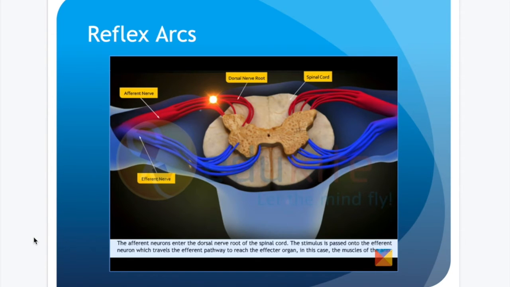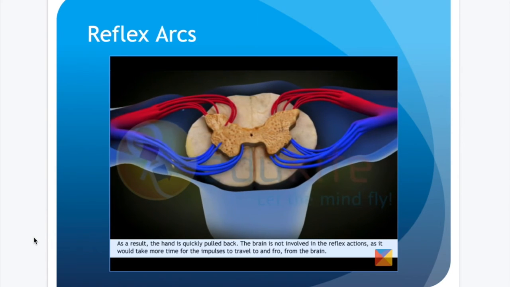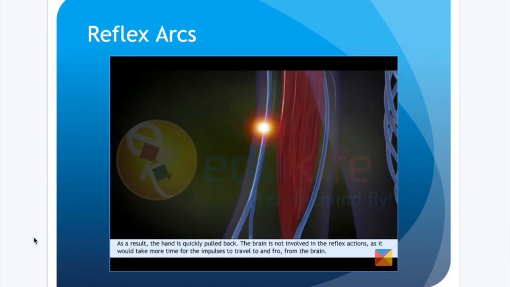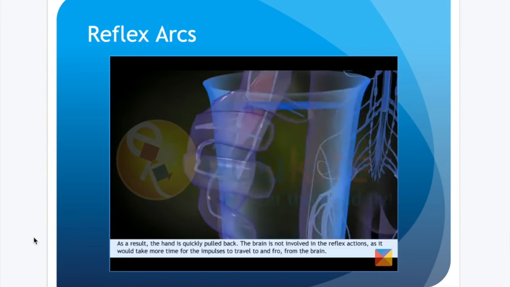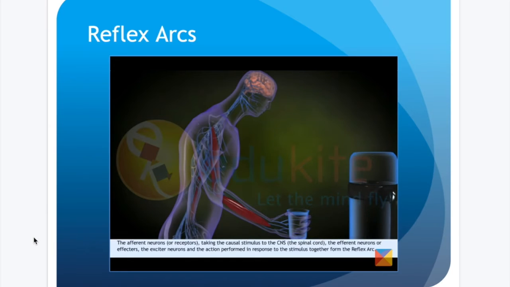The stimulus is passed on to the efferent neuron, which travels the efferent pathway to reach the effector organ, in this case, the muscles of the arm. As a result, the hand is quickly pulled back. The brain is not involved in the reflex actions, as it would take more time for the impulses to travel to and fro from the brain. The afferent neurons or receptors, taking the causal stimulus to the CNS, the spinal cord, the efferent neurons or effectors, the exciter neurons, and the action performed in response to the stimulus together form the reflex arc.